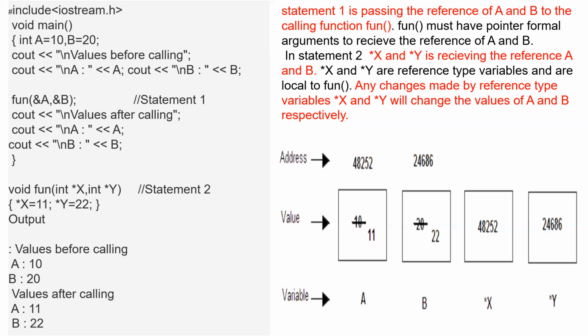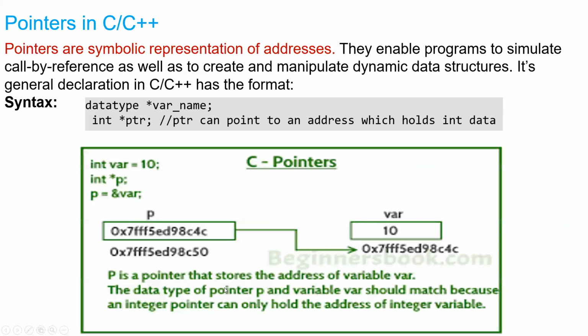So if Vedant is coming to me and getting corrected, that is called by value. But if I correct it in the original copy and pass on the copy to you, that is called by reference. Okay? What we have to understand here is the concept of pointers.